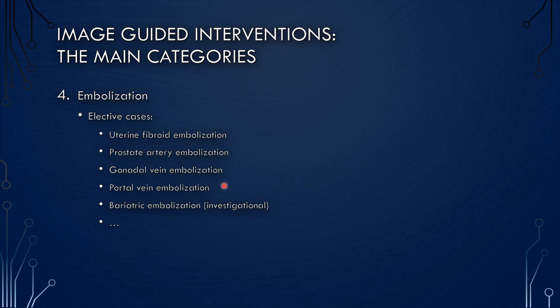Portal vein embolization is another technique in which we close the blood vessel in the portal vein in part of the liver to try to enhance growth of the remaining part of the liver. Let's say a patient has cancer in parts of his liver, the left lobe.